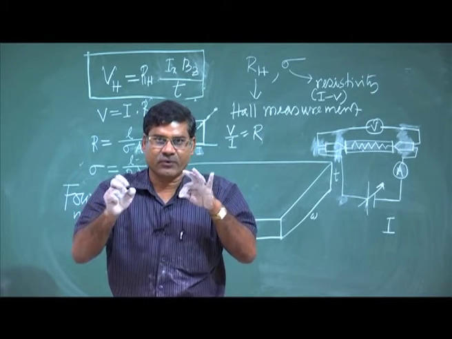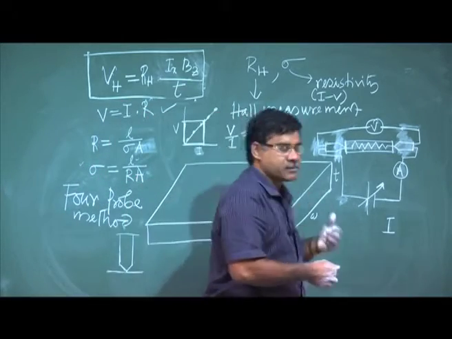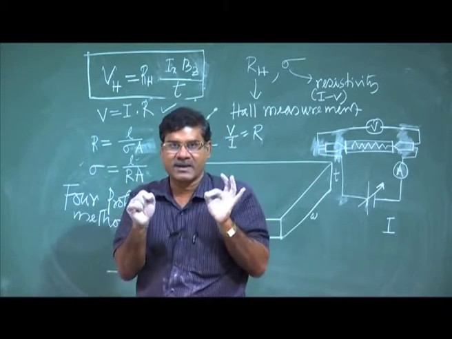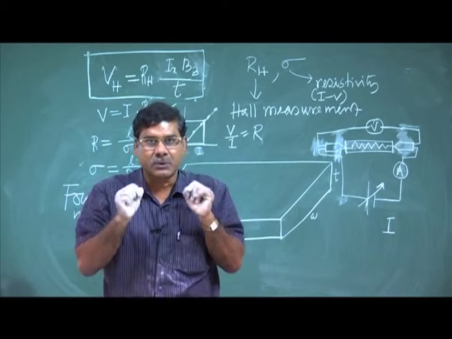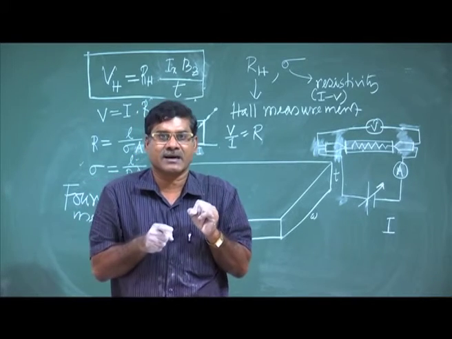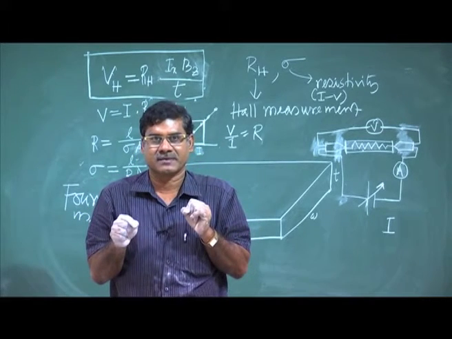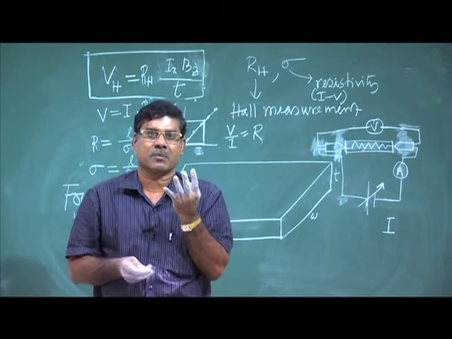So these are 2 probes. We need 2 connections for measuring the voltage drop, and also 2 connections for supplying current in the sample. So basically we need 4 connections with the sample.